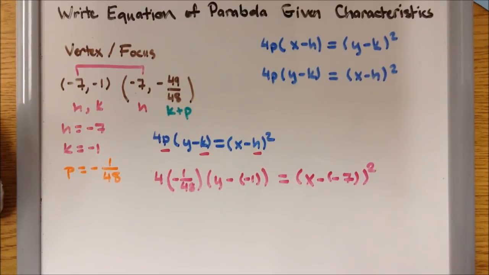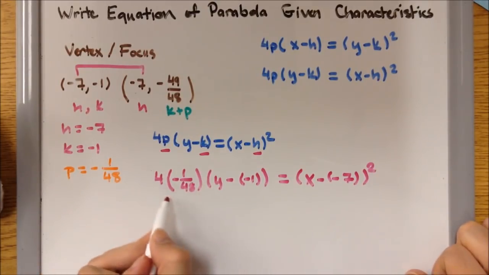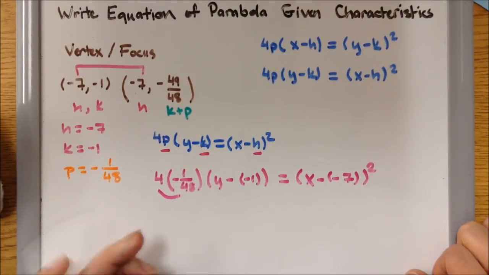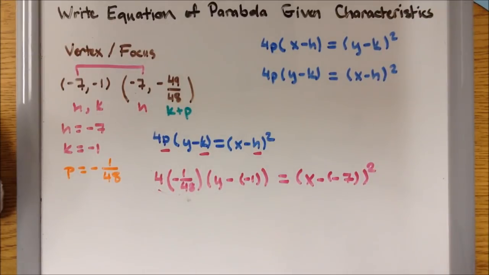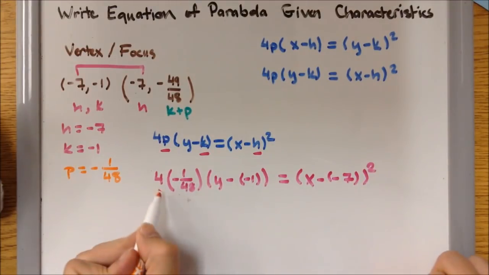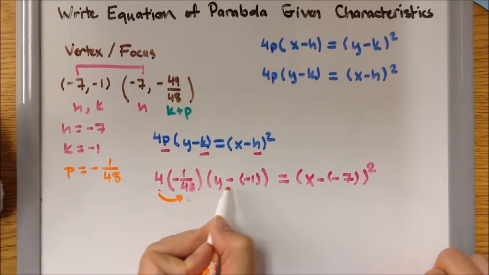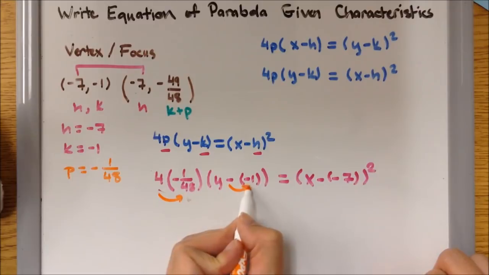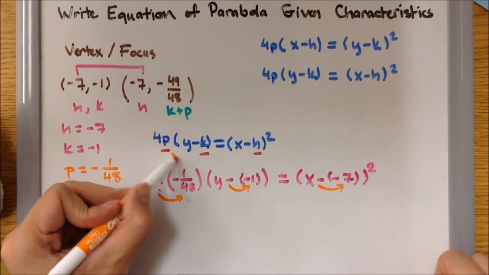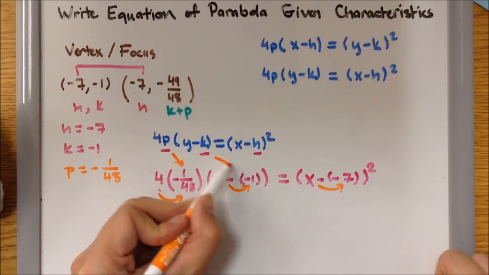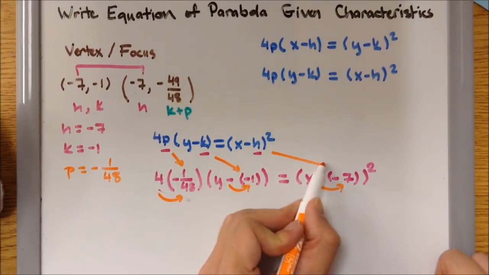Alright, from there, I'm going to multiply the 4 to the negative 1 over 48. I'm going to simplify the minus negative 1 and the minus negative 7. So again, all I did was plug in the p value, the k value, and the h value.